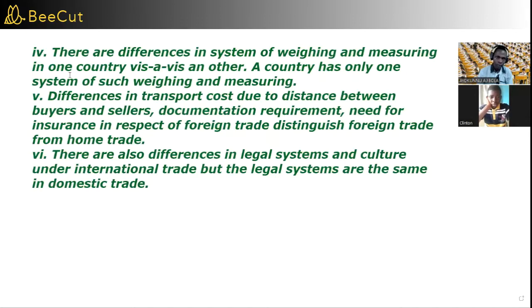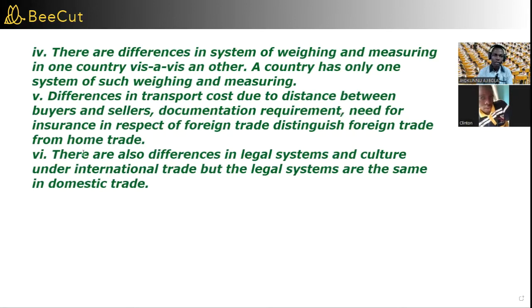So we might be using kilograms in Nigeria, we might be using tons in another country, but there must be a standard. It must be equivalent. So there are different systems of weighing and measuring. Then there is the difference in transport costs due to distance between buyers and sellers also.